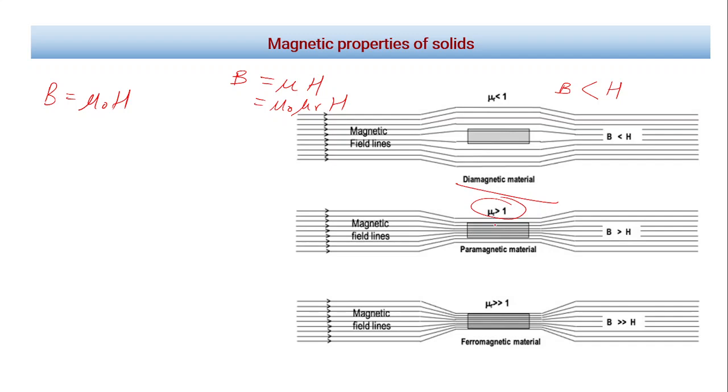As you can see, the magnetic lines of force go through them, and the magnetic flux density increases here. I told you B we also call magnetic flux density. And then we have some materials for which the permeability constant has a very large value, and they are called ferromagnetic or ferrimagnetic, depending. And for them, the magnetic flux density is even higher.